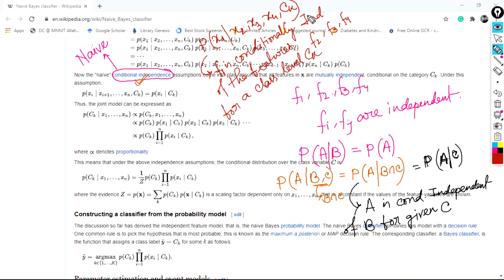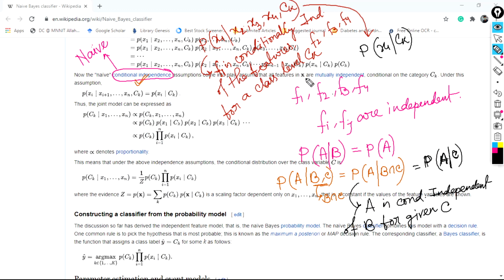If this happens, then this probability will be written in this form: probability of x1 given class label CK. This is the main thing that will be assumed here. Now the naive, meaning conditional independence, assumption comes into play.